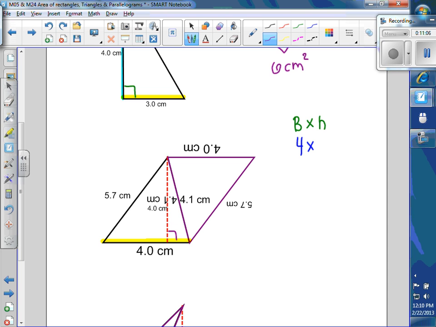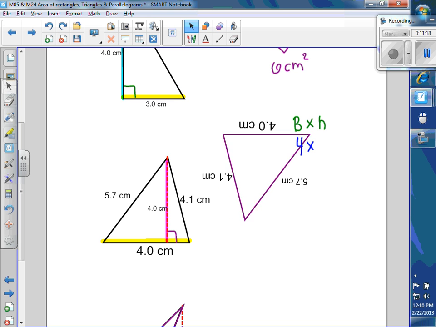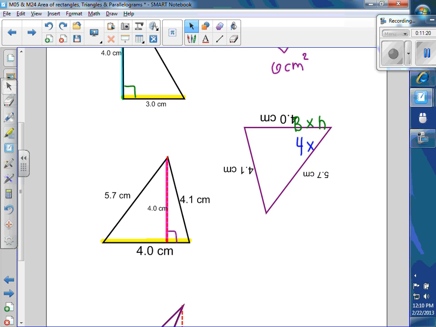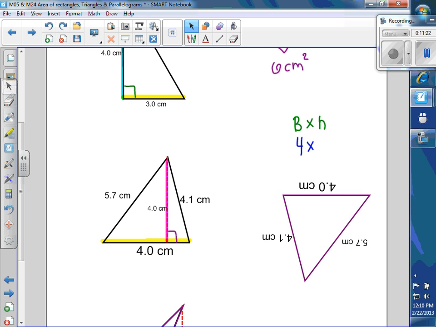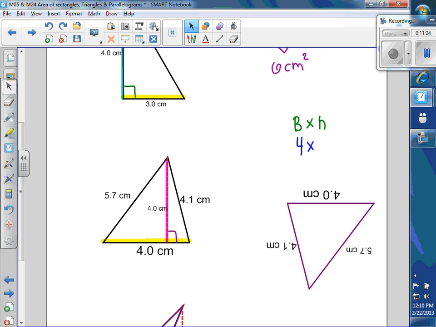So that's right here. And the height is this distance right here. So if I remove this, because we only want half of the parallelogram, we can see that the height is 4 centimeters.